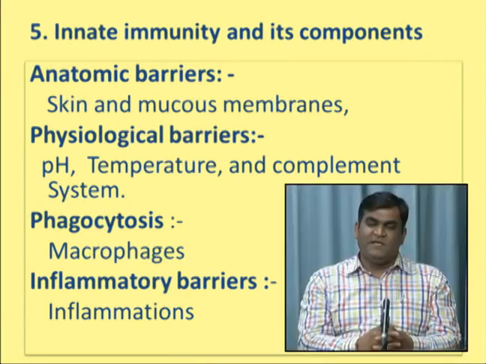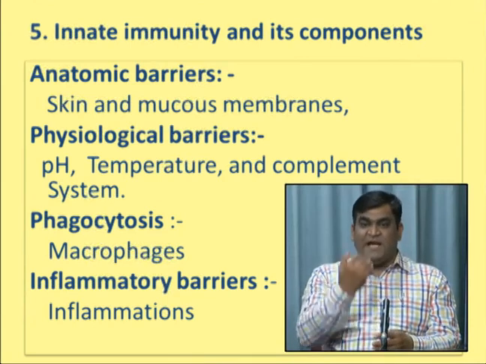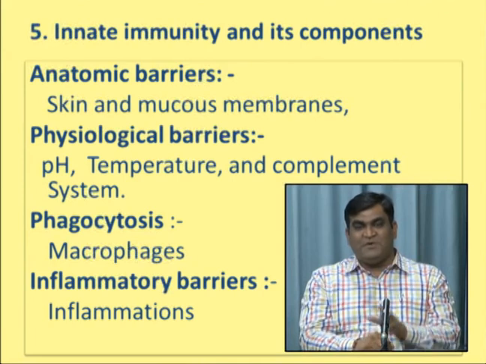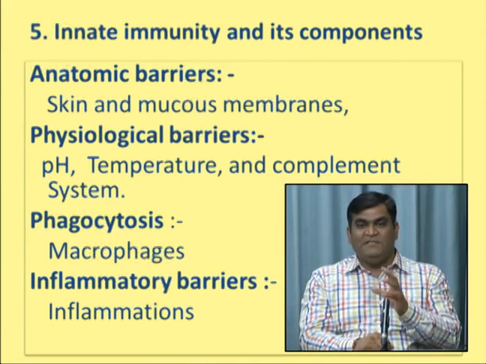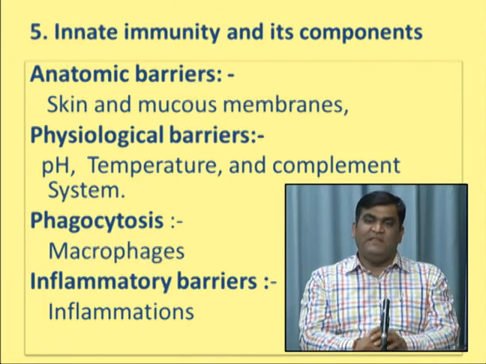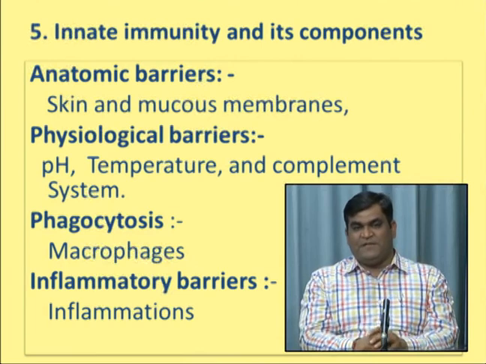Similarly, the pH: when a pathogen enters into our body, there are changes in the pH during the digestive processes, and those pH changes are very extreme, and they are not tolerated by microorganisms, and they die because of that.